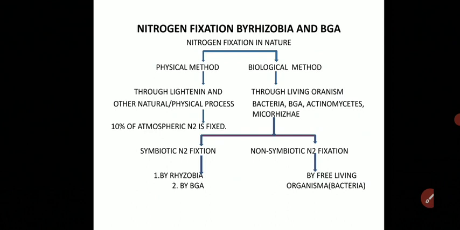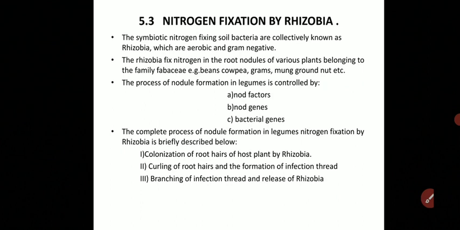So, let's start with the symbiotic nitrogen fixation by rhizobia. The symbiotic nitrogen fixing soil bacteria are collectively known as rhizobia, which are aerobic and gram negative.